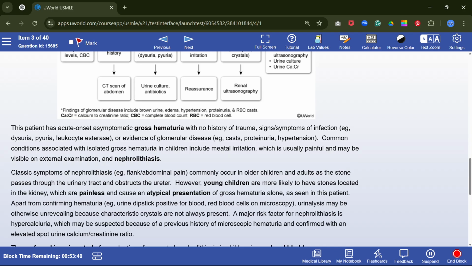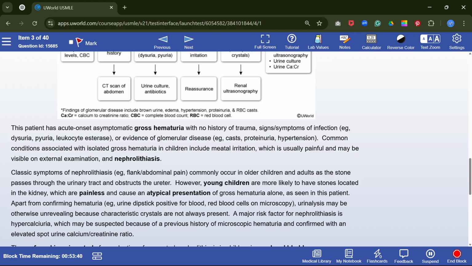This patient has acute onset asymptomatic gross hematuria with no history of trauma, signs and symptoms of infection such as dysuria, pyuria, leukocytosis, or evidence of glomerular disease such as casts, proteinuria, hypertension.